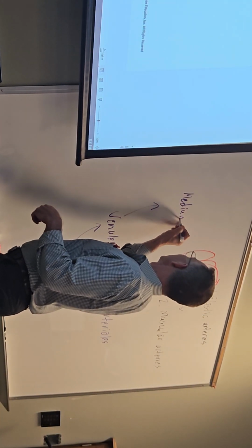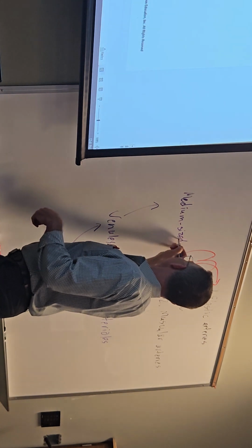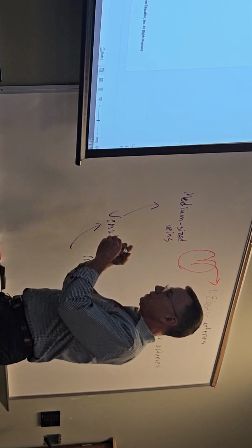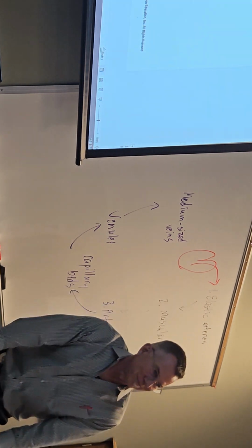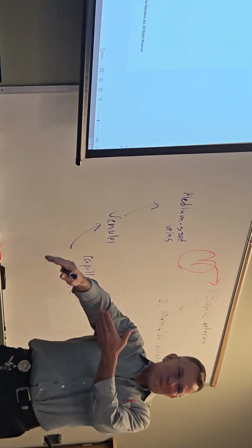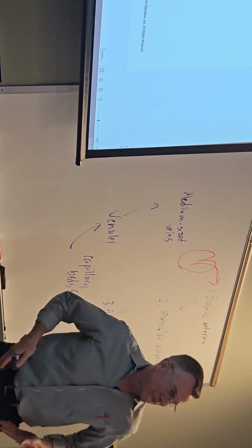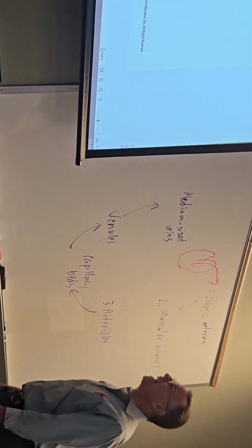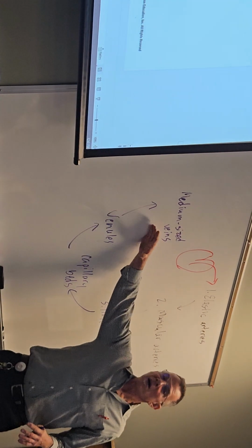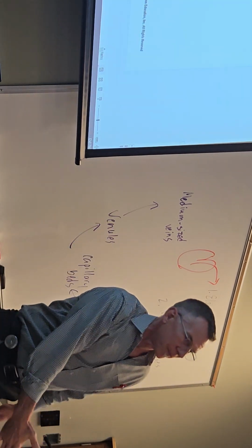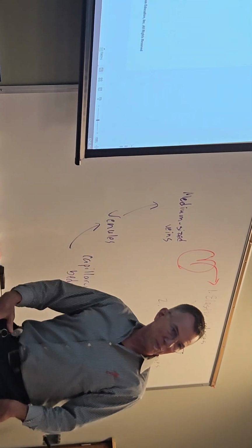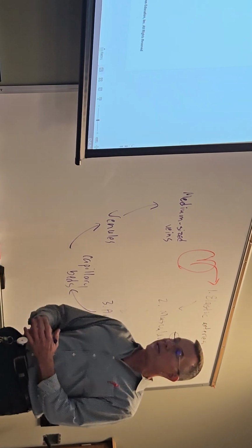Examples of medium-sized veins include your subclavian, brachial, renal, and femoral. They might have special adaptations: one-way valves to prevent the blood from going back into your appendages.